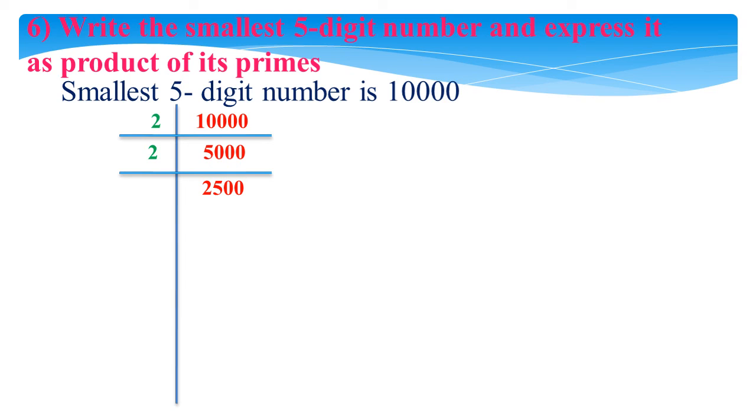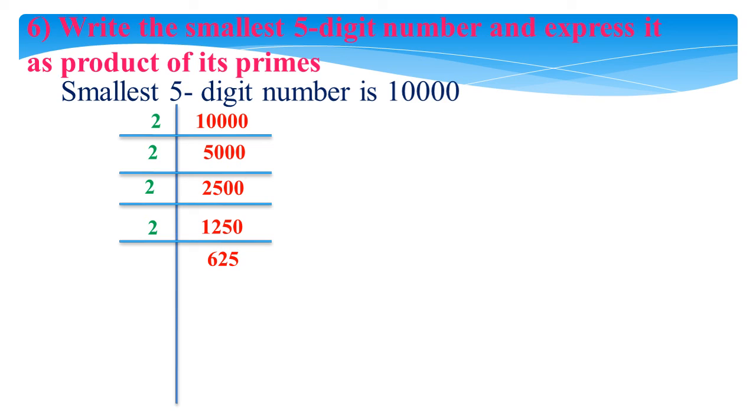Now 2,500 is an even number, so it is divisible by 2. 2,500 divided by 2 we get 1,250. It is also divisible by 2. So 1,250 divided by 2 we get 625.